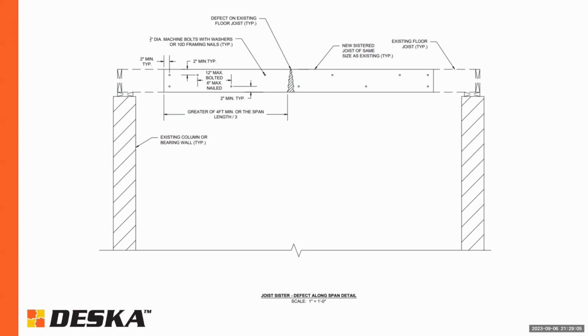So if it's near the center, it's going to be longer. If it's near a bearing point or within a couple inches of one of the columns or a bearing wall, then it's typically going to be shorter. But it's not just something that I would recommend a handyman just go and do. I would recommend, at least at a minimum, consulting with an engineer for the appropriate repair.